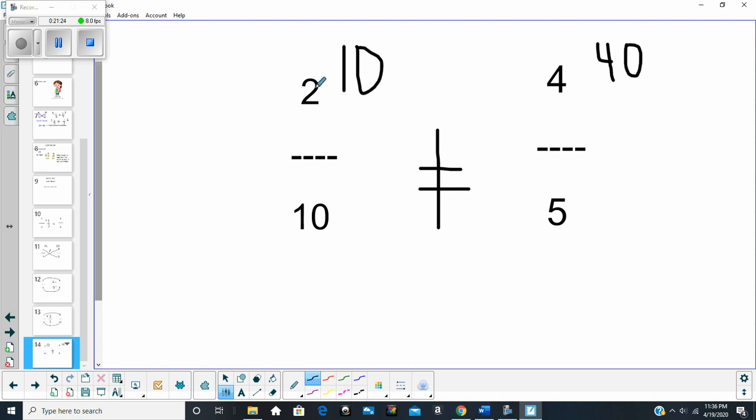Okay, good job, Sophie. Sophie cross multiplied. 2 times 5 is 10. 10 times 4 is 40. And 10 is not equal to 40. So 2/10 is not equal to 4/5.